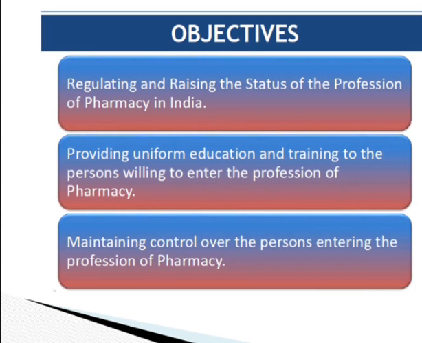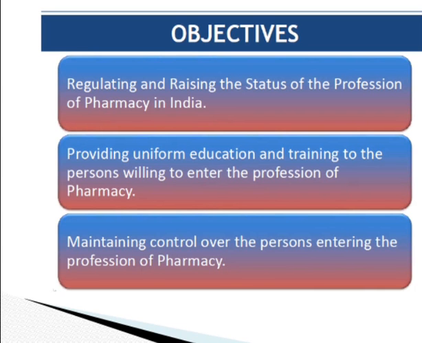We have already completed the registered medical practitioner. Now we are moving towards the explanation of registered pharmacist. To whom can you call a pharmacist? Until and unless you complete the course and minimum training prescribed by the Pharmacy Council of India, you are not supposed to be a pharmacist.